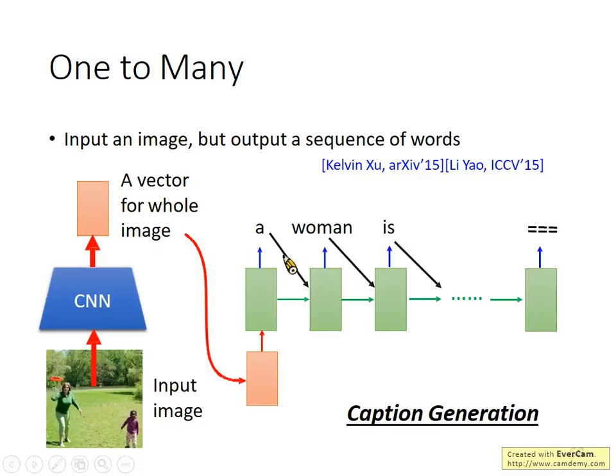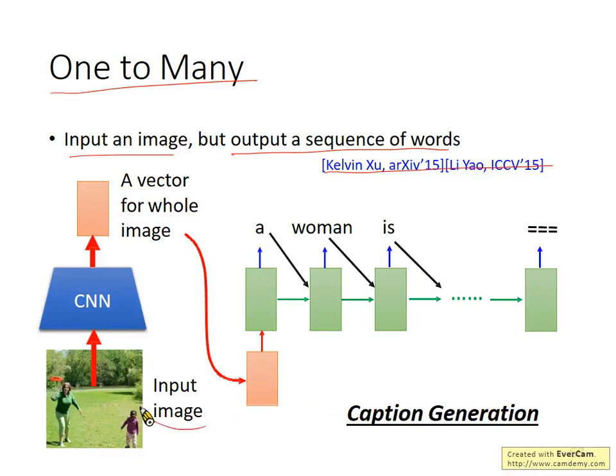We can also use RNN to do one-to-many problems. For example, input an image, and we output a sequence of words. This is a very famous research topic in recent years, starting from 2014, 2015. There is a very important research field called image captioning, or caption generation.